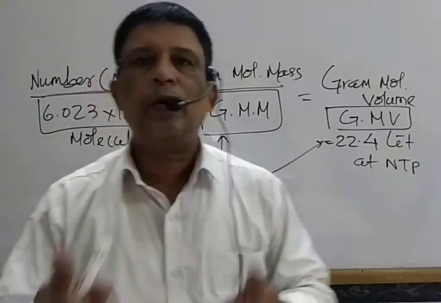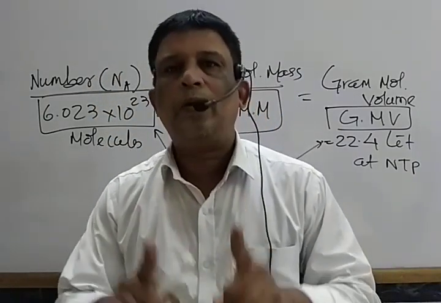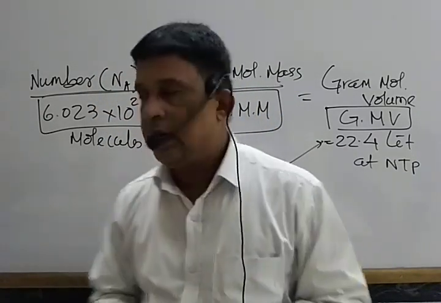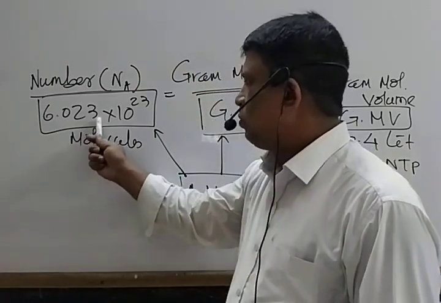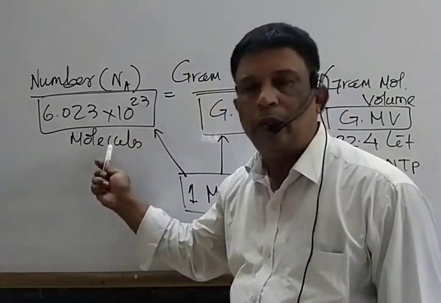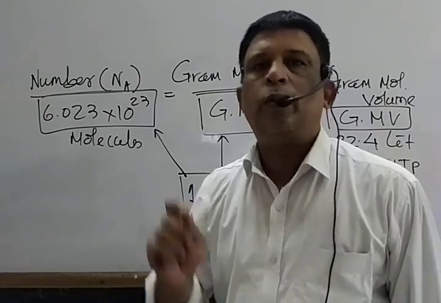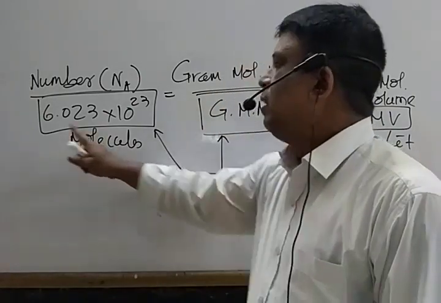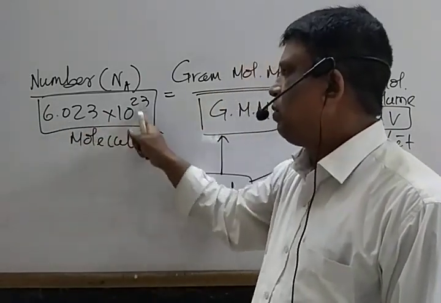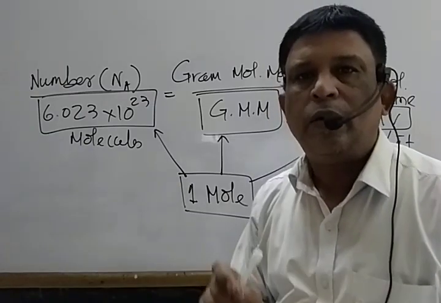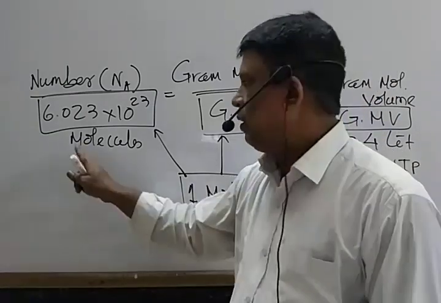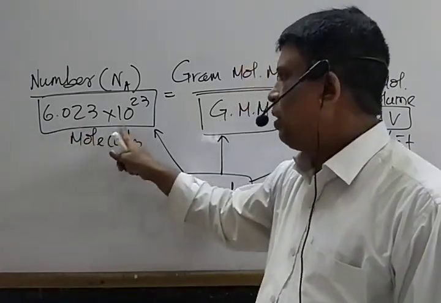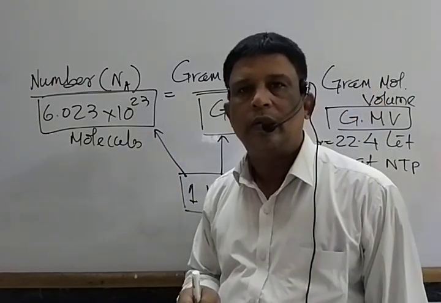Any molecule, if you select 1 mole of water, contains 6.023 into 10 to the power 23 molecules. 1 mole of methane contains 6.023 into 10 to the power 23 molecules. 1 mole of ammonia contains 6.023 into 10 to the power 23 molecules.